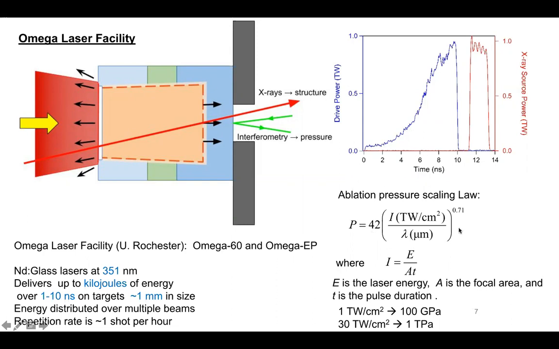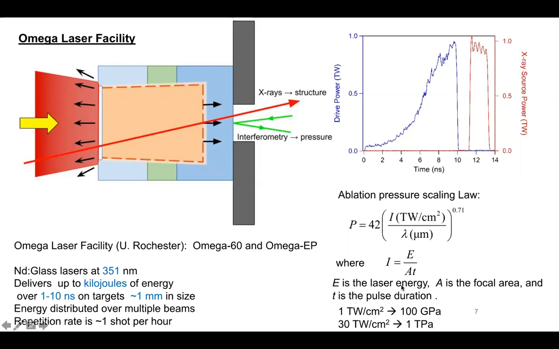And there's an empirical scaling law shown below, which relates the pressure in GPa to the irradiance in terawatts per square centimeter, divided by the wavelength. The bottom line is for irradiances of 1 to 30 terawatts per square centimeter, we can access pressures of 100 GPa to 1 terapascal.